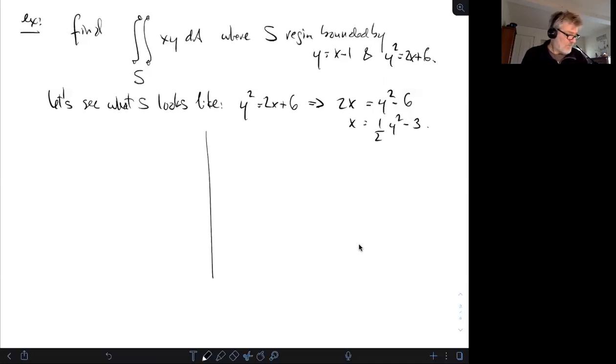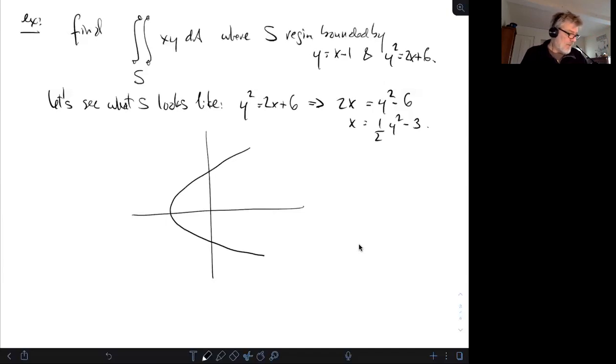So I can see this as follows. This is just the parabola x equals y squared. It's halved, so it's a little bit more open. And then we shift by 3. So it looks something like this.